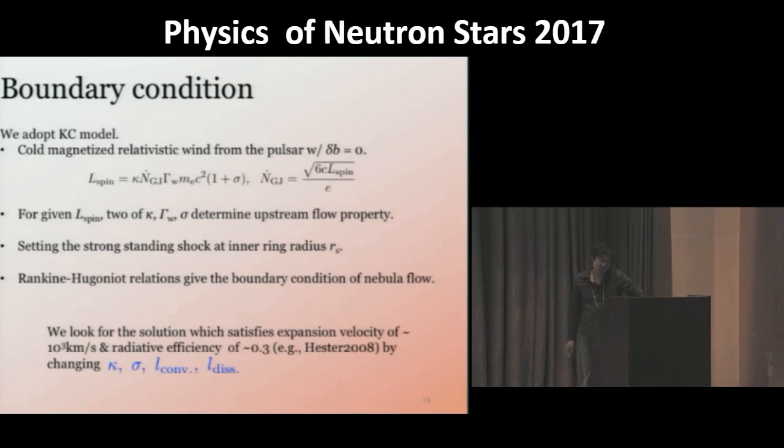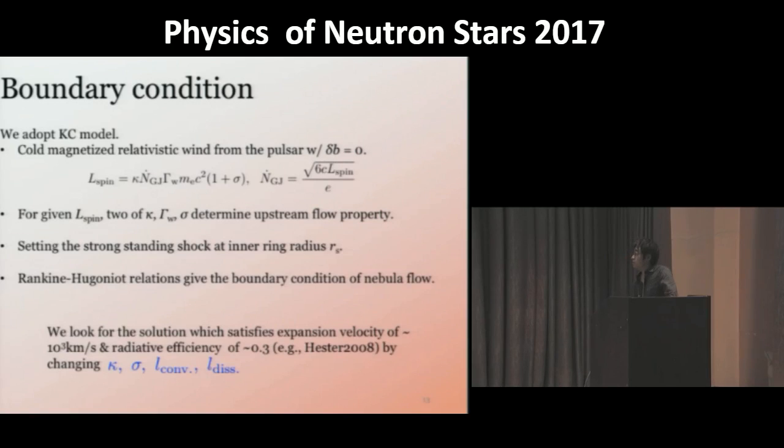These are the parameters that determine the property of the pulsar wind. If we give the spin-down luminosity of the Crab nebula, two of these three parameters give the full property of the pulsar wind. And setting a strong shock, we obtain the boundary condition for the nebula flow from the Rankine-Hugoniot relations.